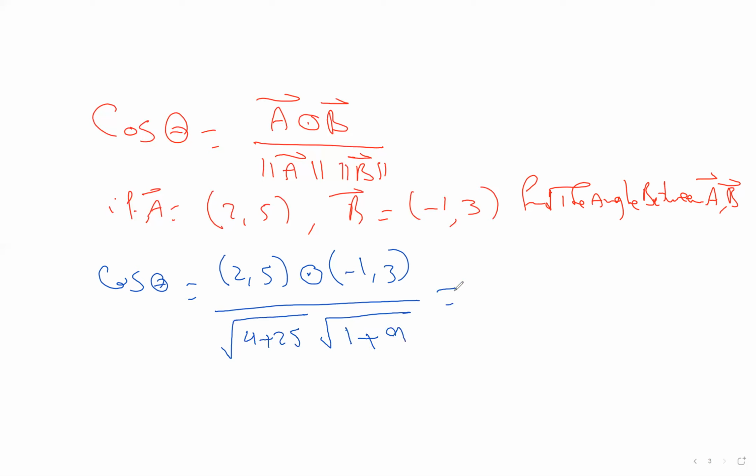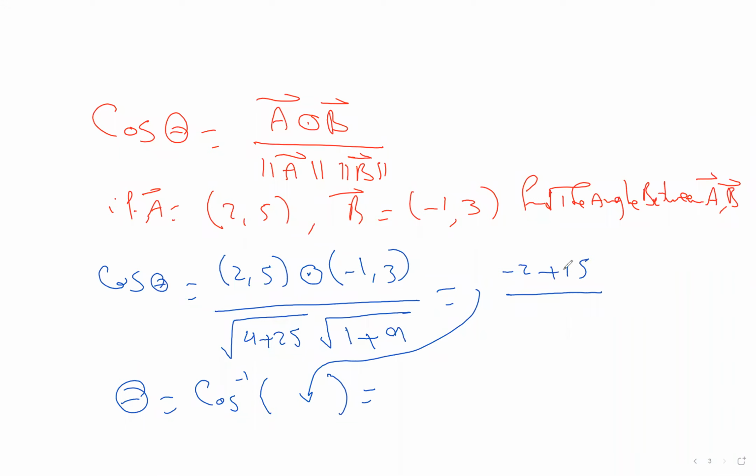Then we find the cosine, and theta will be shift cosine, the inverse cosine of the answer, to get the angle itself. So -2 plus 15 over the square root of 29 times the square root of 10, which equals 13 over root 290, 13 divided by the square root of 290.